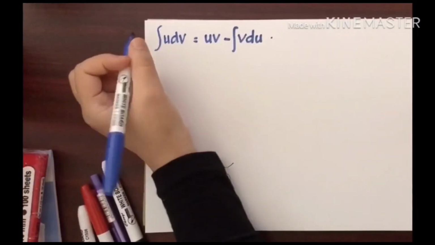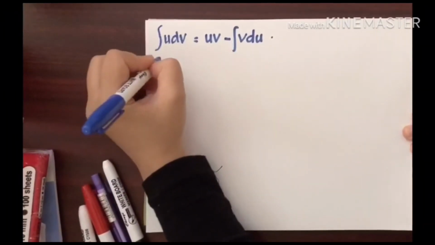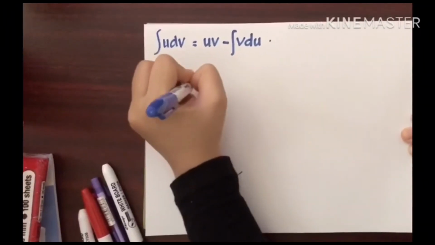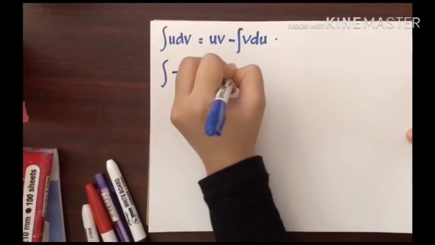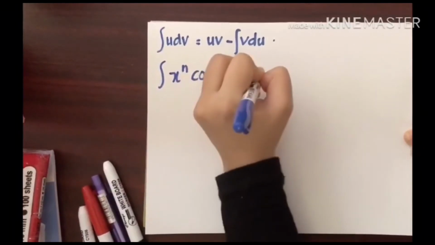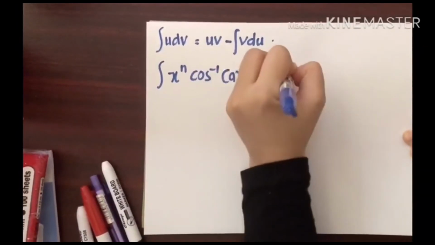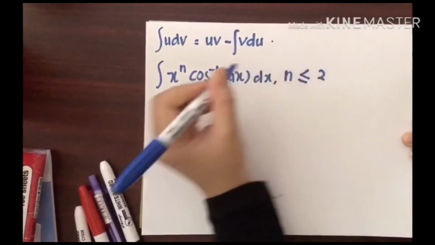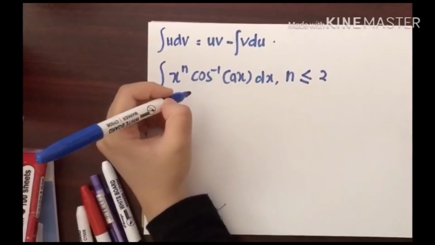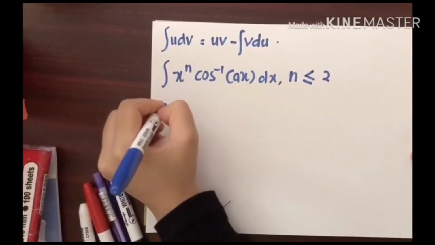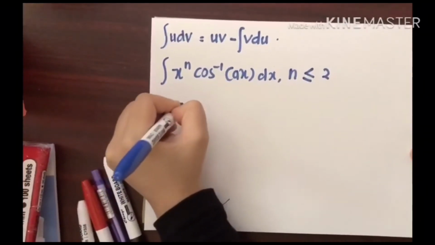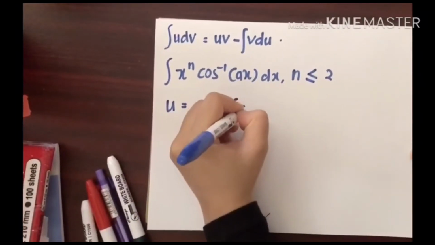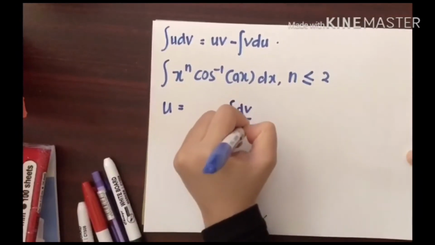So, as the question is integral x to the power of n cos inverse ax dx, n less than or equal to 2, first we must find the value of u, and for integrating we will use dv over dx.